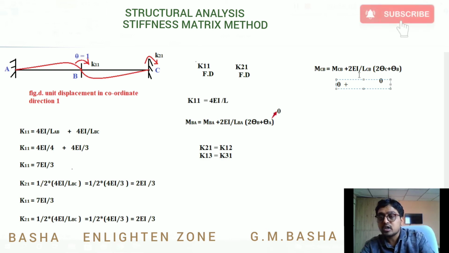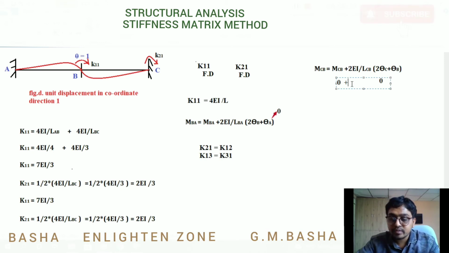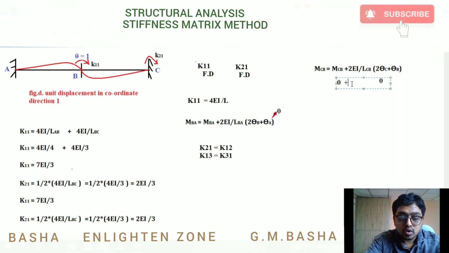Then plus 2EI by L into 2 theta C, that is 2EI by L into 0, plus 2EI by L into theta B. So you will get directly 2EI theta B by L.